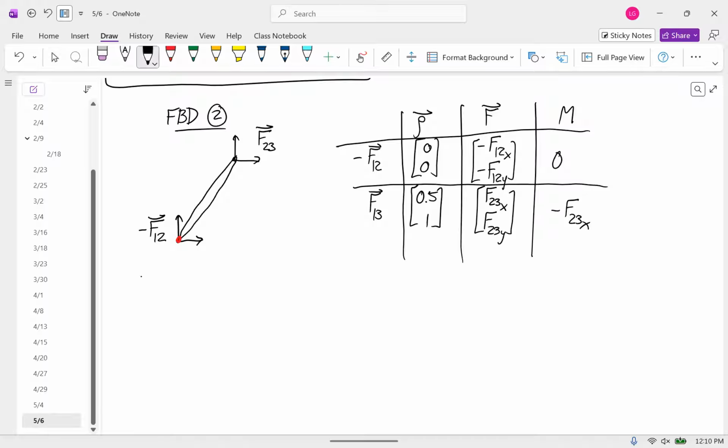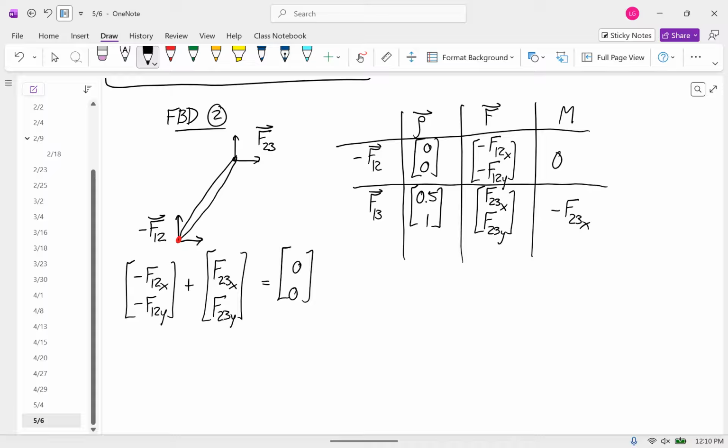And so my equations say negative F12x, negative F12y, plus F23x, F23y is equal to 0. And the moment equation says negative F23x is equal to 0.